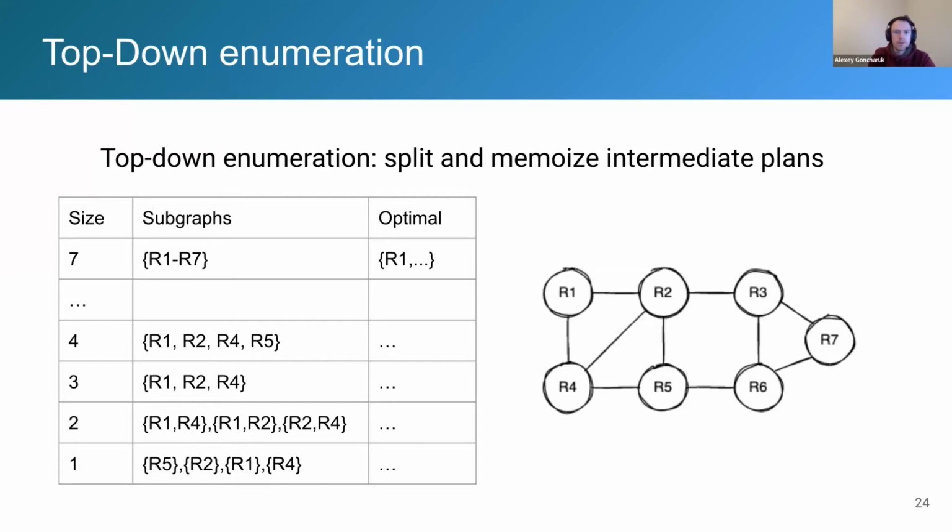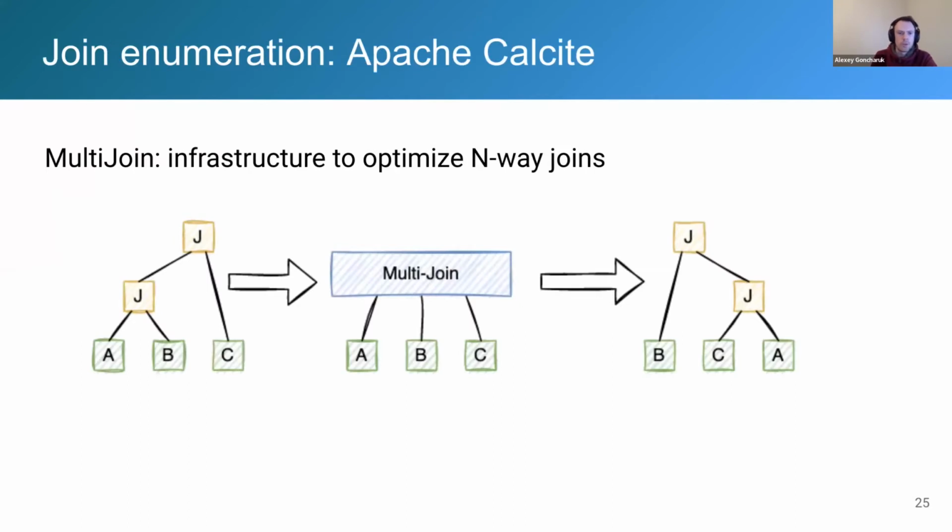Now, how can we do this in Apache Calcite? Essentially, in Apache Calcite there is an infrastructure that allows us to implement such an algorithm, and this infrastructure is called multi-join. It's a set of rules that runs in a heuristic planner, and it executes in 3 steps.